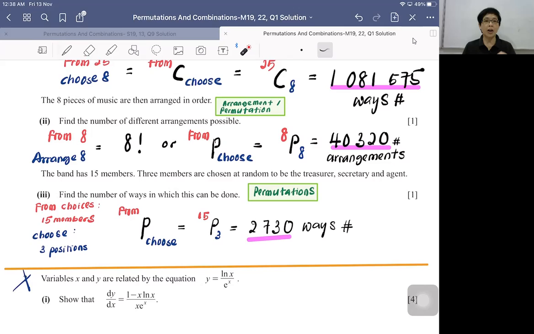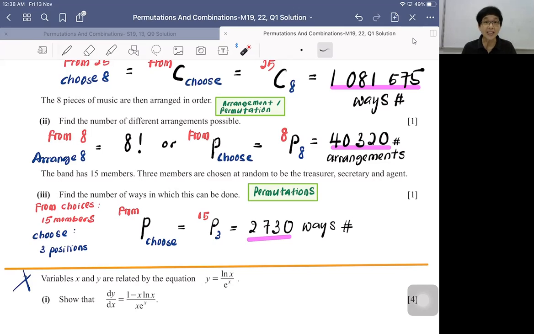Do not take for granted that since it is dealing with people, I will go for combination. And also, do not take for granted just because code, password, security is not mentioned, that you will hop and conclude as combination.